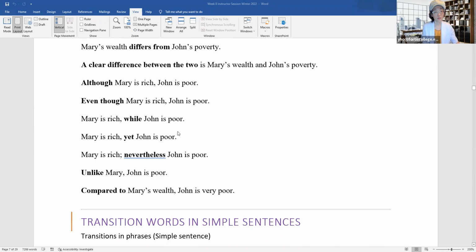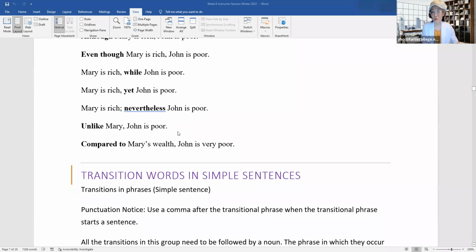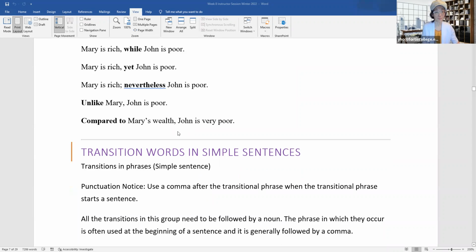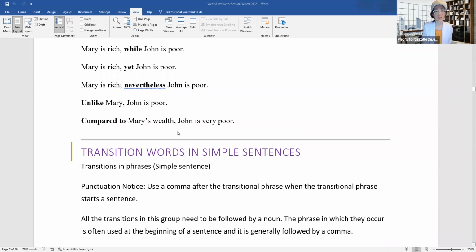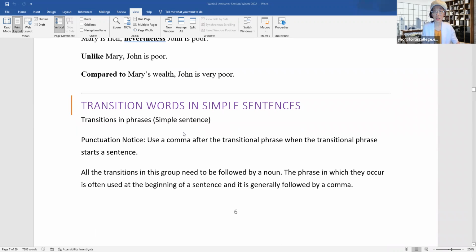And so here you have, unlike Mary, John is poor. Compared to Mary's wealth, John is very poor. Now, transition words can occur in simple sentences, compound sentences, and complex sentences. And so here are a few examples of transition words occurring in simple sentences.